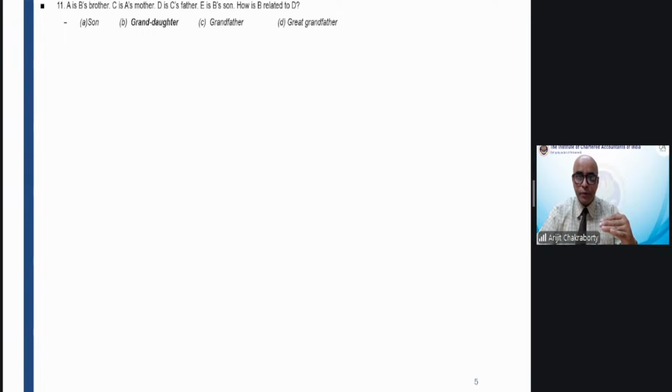Above B you have C, above C you have D. Two generations, B to C, C to D. So therefore, the correct option from here is, how is B related to D? Well, B is the grandson of D. Conversely, D will be the grandfather of B. So here the right answer is option B.